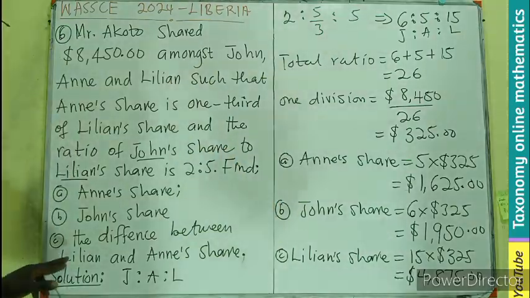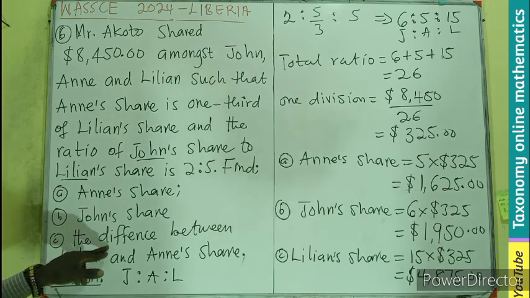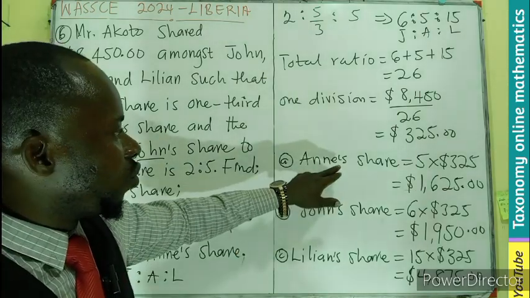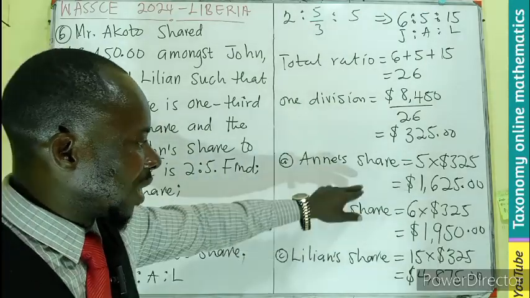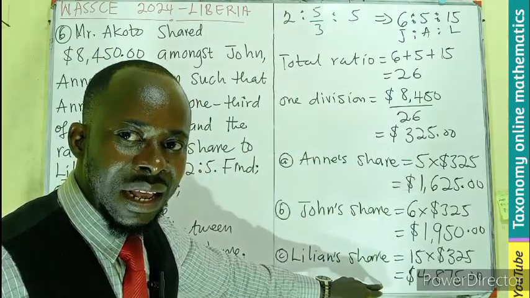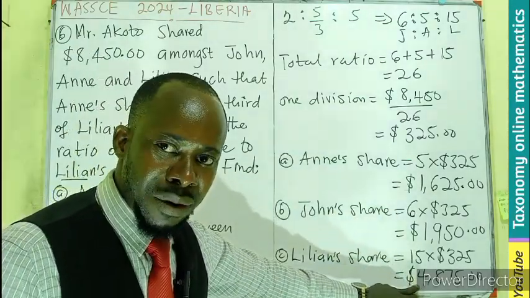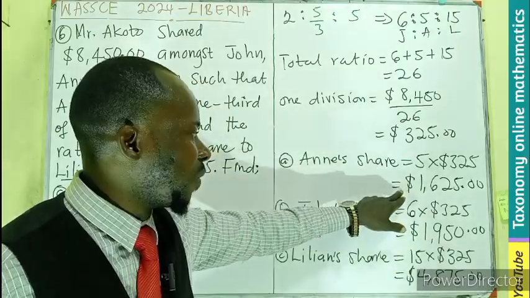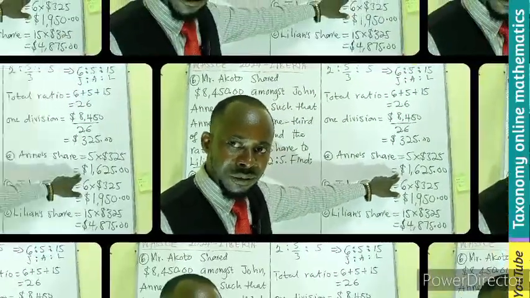Now, the third part says we are finding the difference between Lillian and Anne. What is the difference in there? The biggest amount is 4,875 minus the smallest one, 1,625.